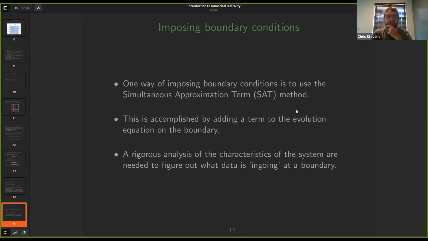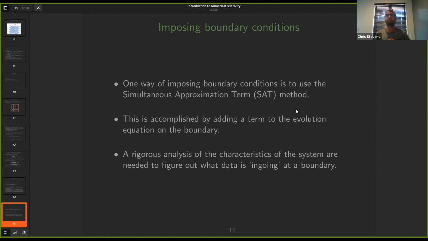So this rigorous analysis that I mentioned at the bottom here, of the characteristics, is for first order systems where you basically take all of these coupled equations that contain things that are propagating, and you do some change of variables and so on, and you find a new system which has decoupled all of these things.